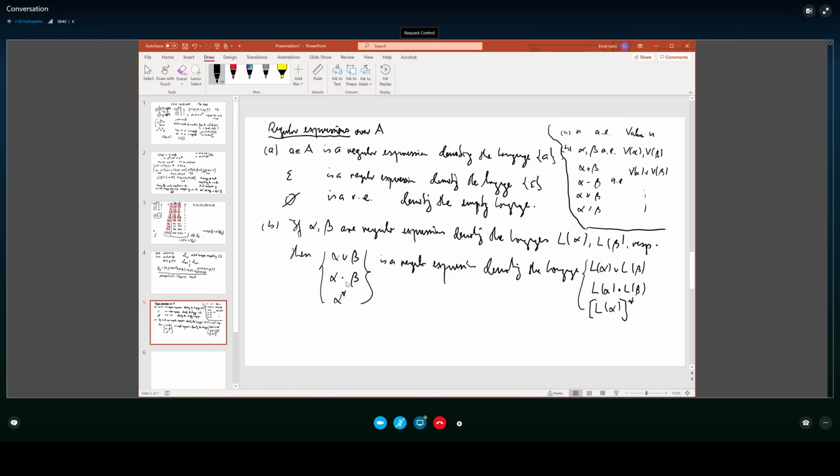Alpha concatenated with beta, alpha dot beta, is a regular expression denoting the language consisting of the concatenation of L of alpha and L of beta. And alpha star is a regular expression denoting the language obtained by starring the language L alpha.